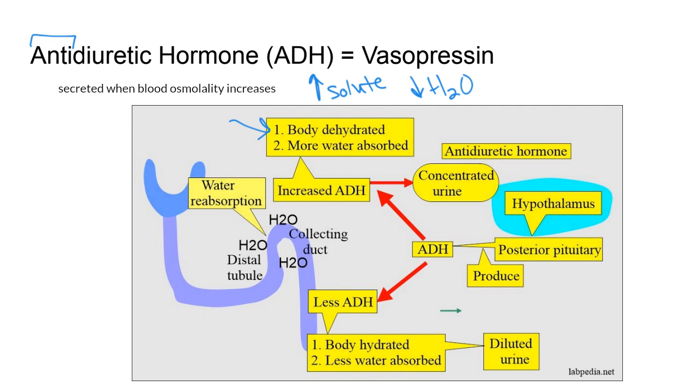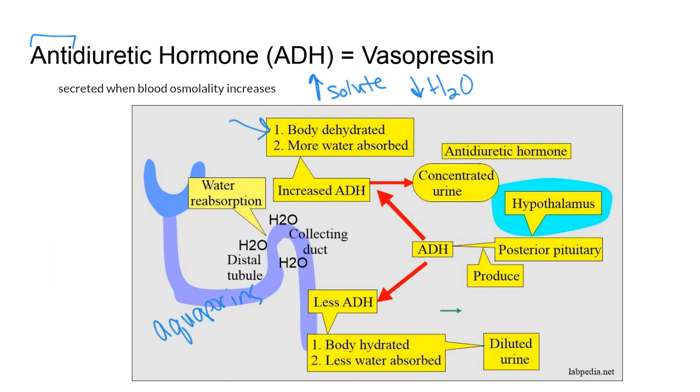So the ADH causes the collecting duct cells to produce more aquaporin molecules. If they produce more aquaporin molecules and insert them in the membrane, then that increases their water reabsorption. Remember, those aquaporins are those channels that allow water to go back and forth across the membranes easily.